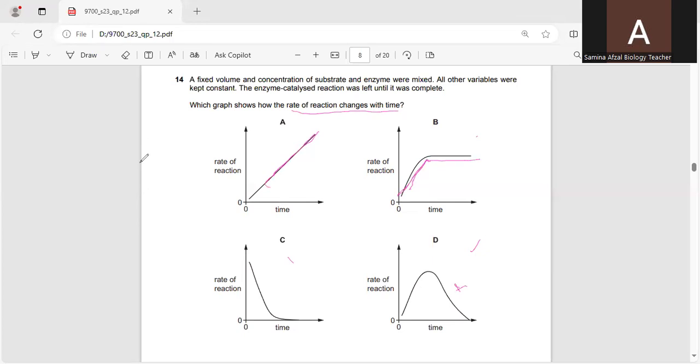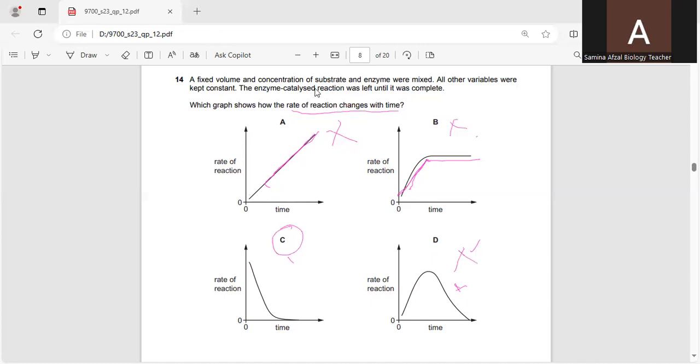As the reaction starts, the substrate concentration is decreasing with the passage of time because it is binding with the enzymes. So C can be the correct option, and in D the rate of reaction is increasing, then it is decreasing. So C is the correct option in this case. A, B, and D are the wrong options.